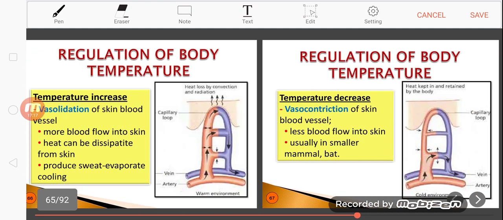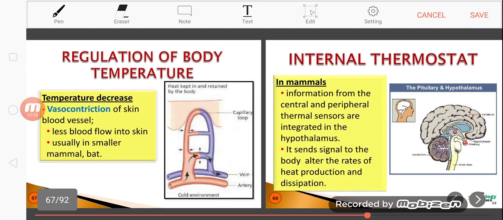Internal thermostat. This one to explain, we have a thermostat in the hypothalamus. So information from peripheral and central temperature sensors will be read or integrated in the hypothalamus.